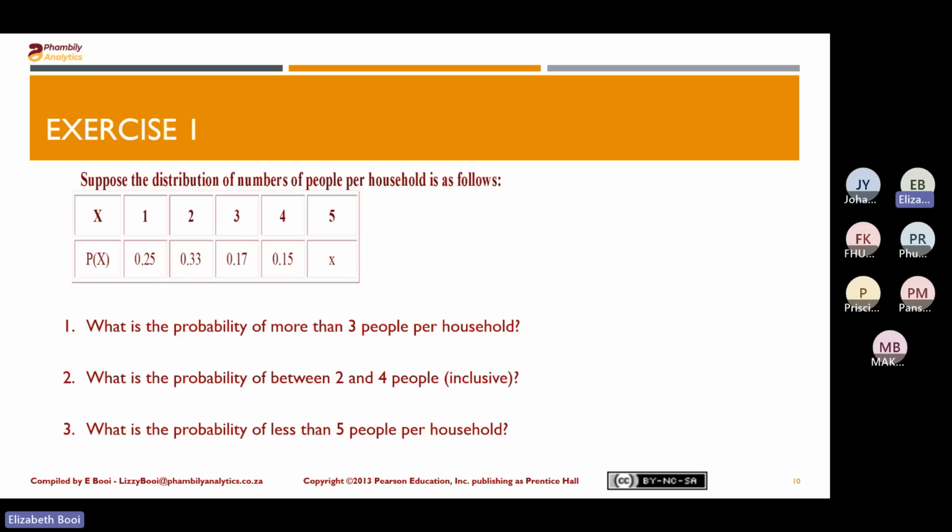It's very important that you practice, especially when it comes to discrete probabilities. These are the basic things that you need to learn. Now, on Monday, we're going to introduce tables. I would appreciate it if you can bring your statistical tables to the session.